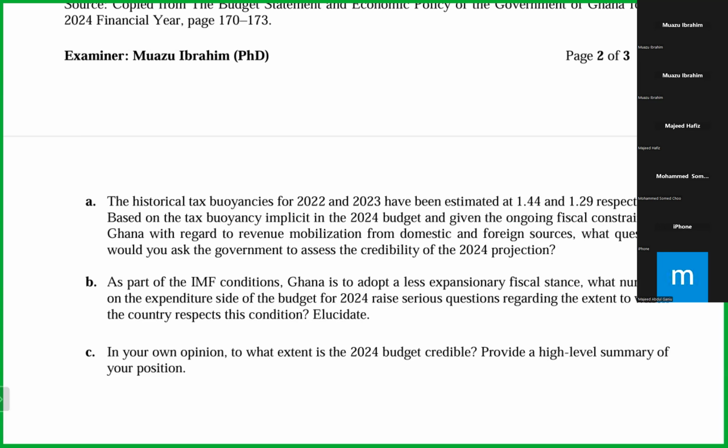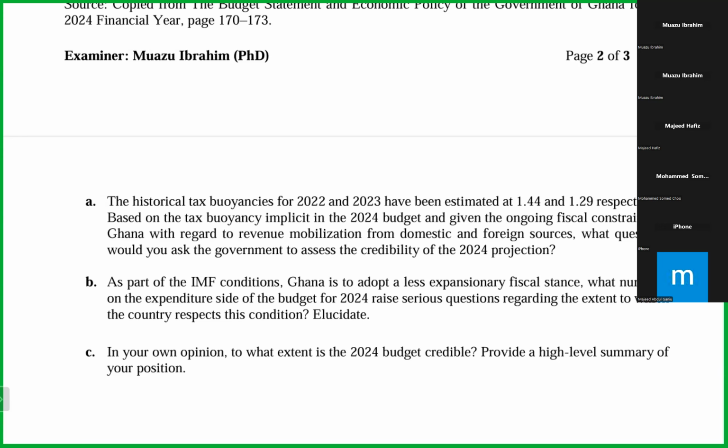Now, here we are saying that given the ongoing fiscal constraint of Ghana, fiscal constraint means you are struggling to mobilize revenue, or you are struggling to control expenditure. So by saying fiscal constraint or fiscal policy, like I mentioned, there are issues on revenue and issues on expenditure. But here we are being specific.